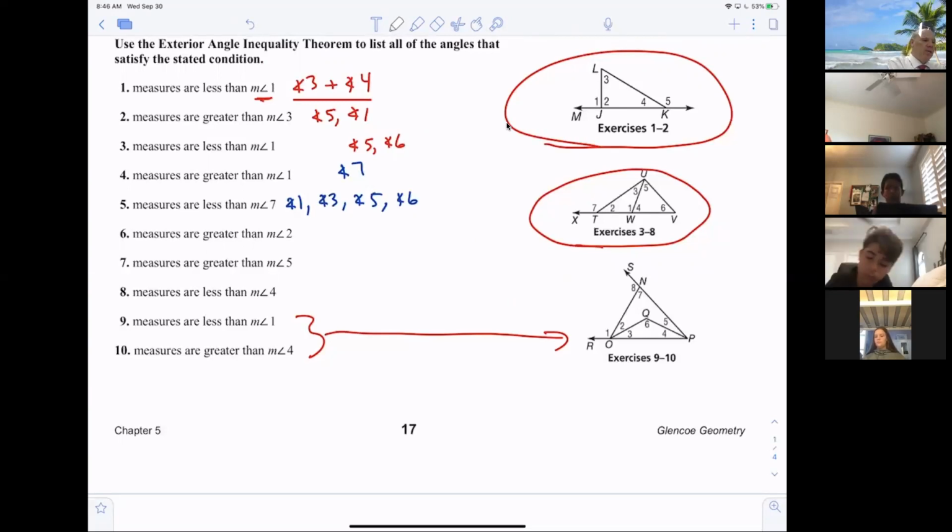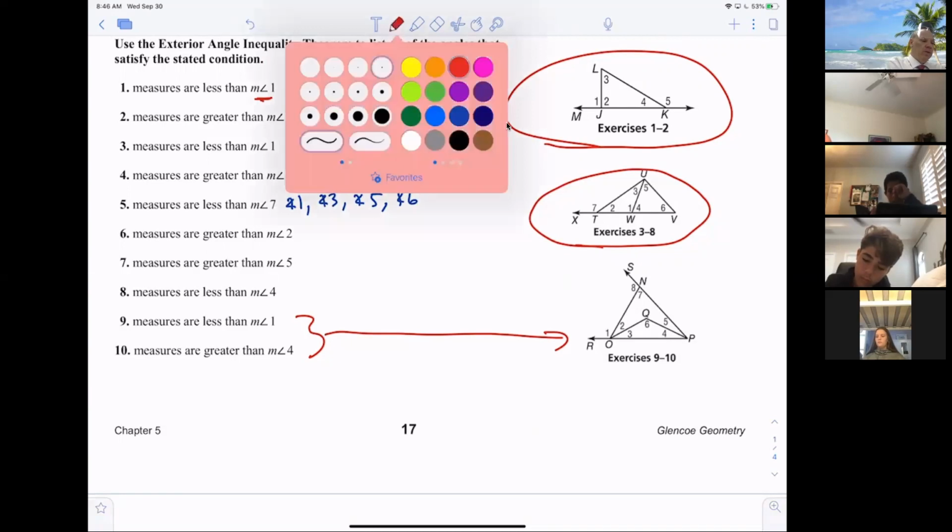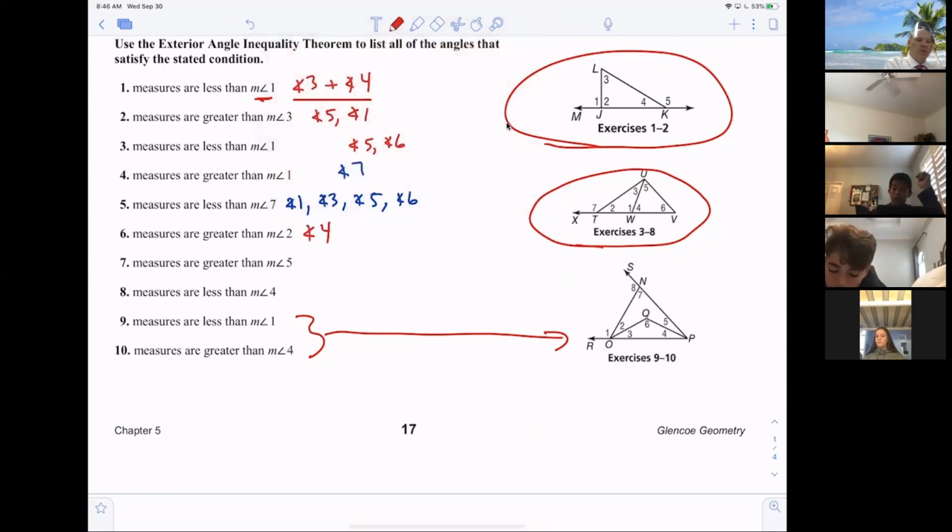I'm saying angle 4. Somebody said angle 4. Can anybody say something else? Because 4 is the exterior angle, correct? Now, some people want to say 7, but I'm going to say there's no relationship between 7 and 2 except that they add up to 180. Yes, very important. Look at it.